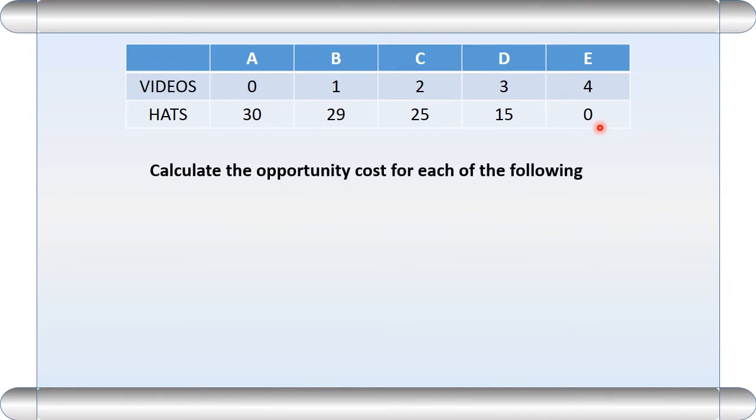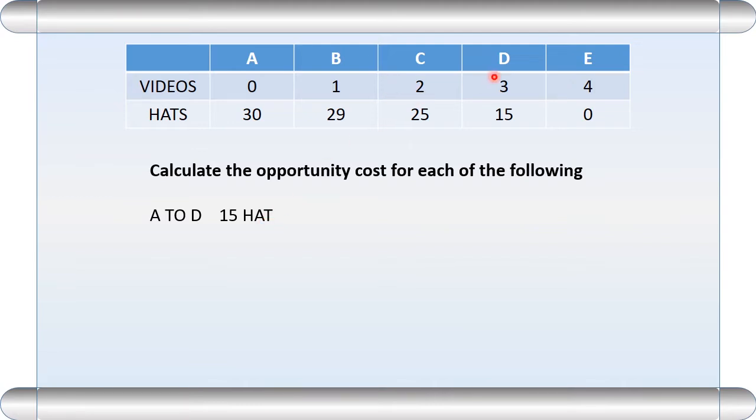Try to see the opportunity cost. Suppose earlier I'm not making any video and I decide to make three videos. It's almost a case that I have to decrease the number of hats. How many hats will I sacrifice? I will sacrifice 15 hats. How? 30 minus 15. So the opportunity cost will be 15 hats.